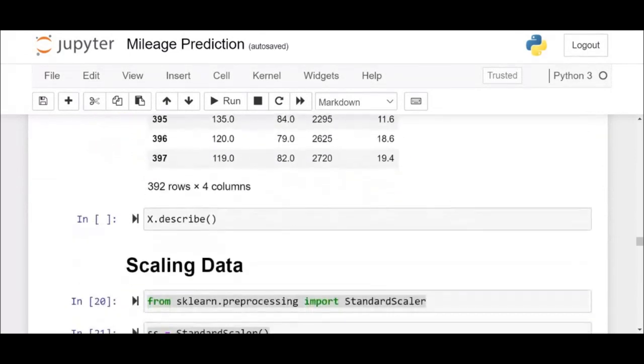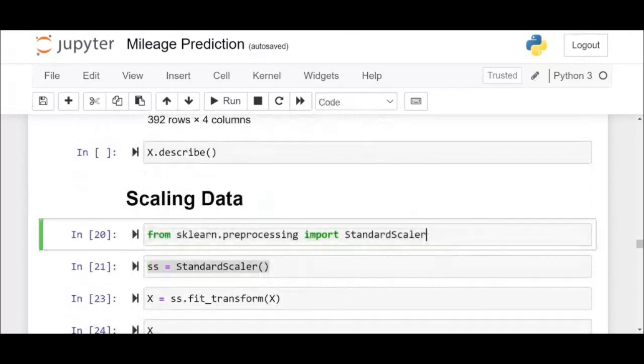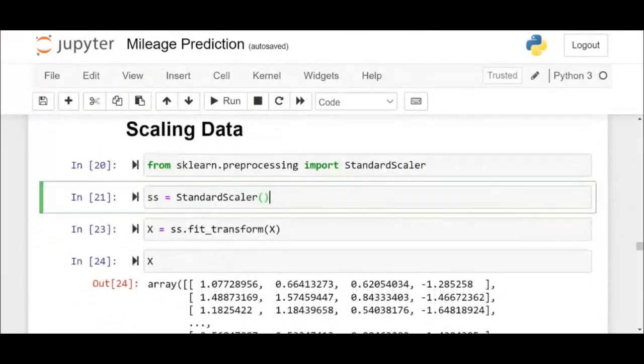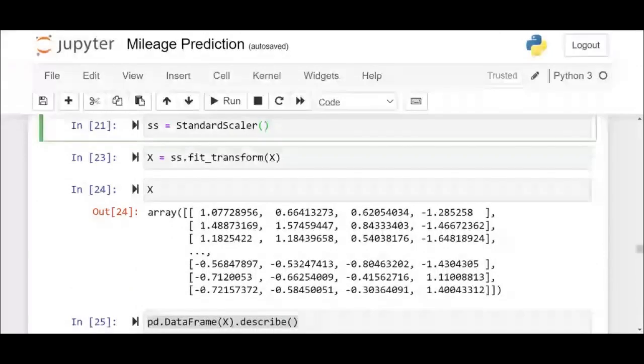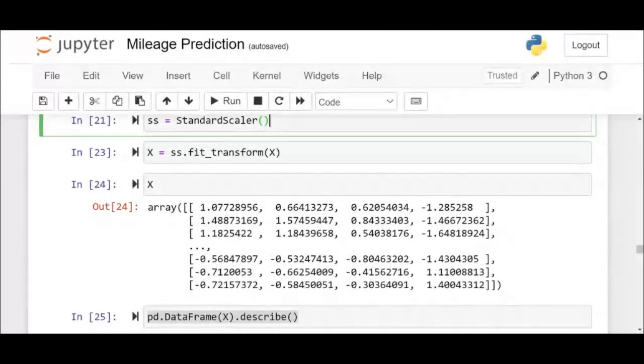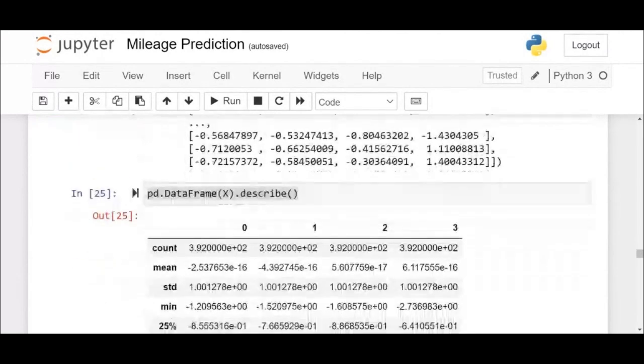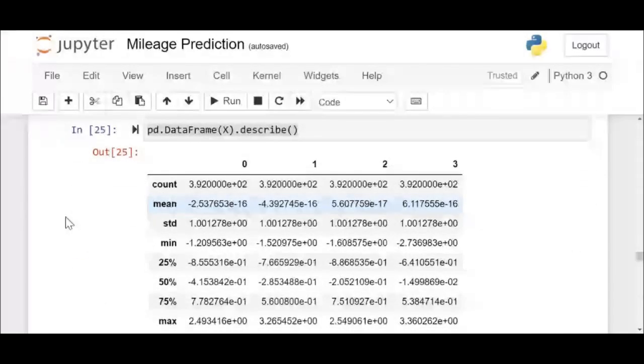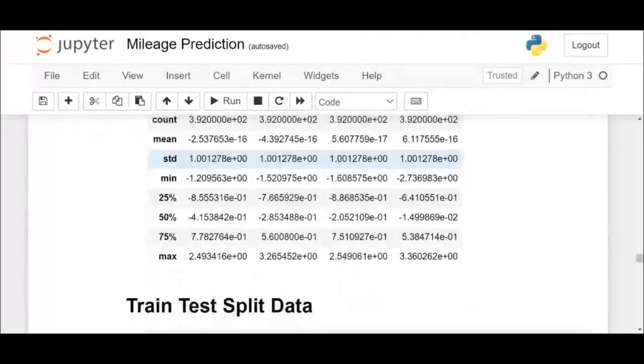Then after scaling using the standard scaler, the units have been changed, and they are on the same scale, called the Z scale. Now the mean of all the columns is 0, and the standard deviation of all the columns is 1. So the scale effect has been removed.